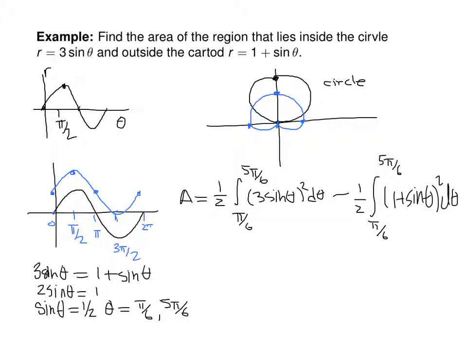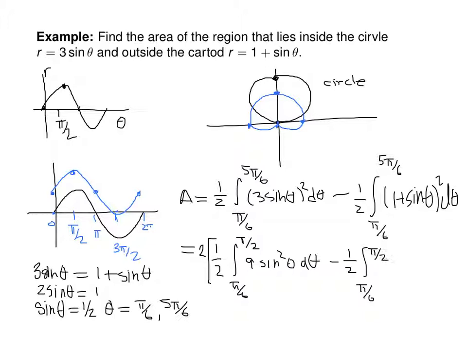Now, taking advantage of some symmetry here, we can instead do twice the integral from pi/6 to pi over 2. And that would be 9 sine squared theta d theta minus 1/2, pi/6 to pi over 2. Expanding that all out, we have 1 plus 2 sine theta plus sine squared theta d theta.